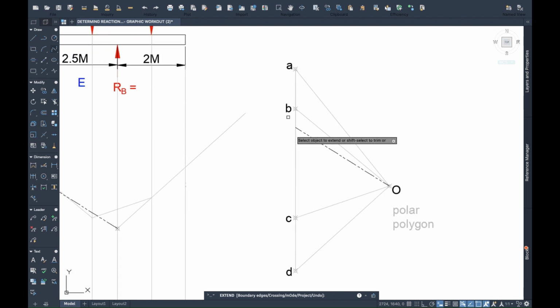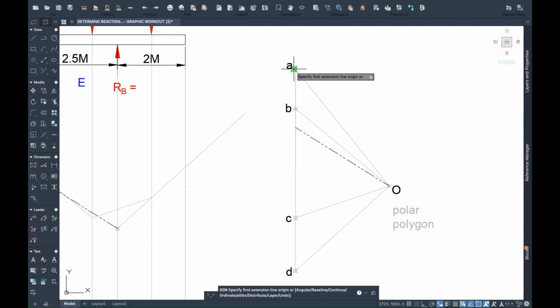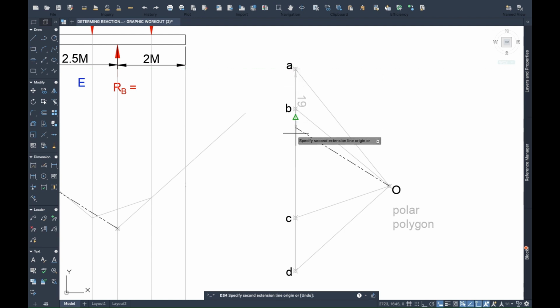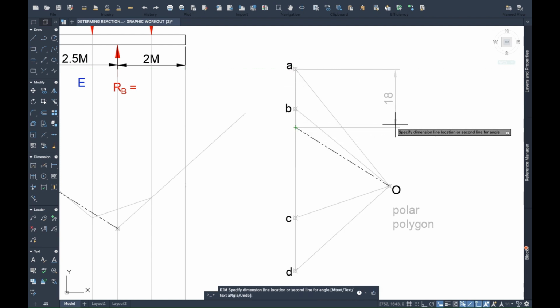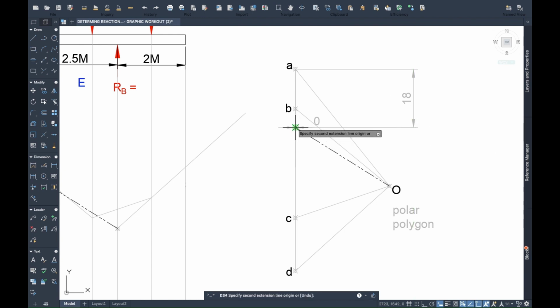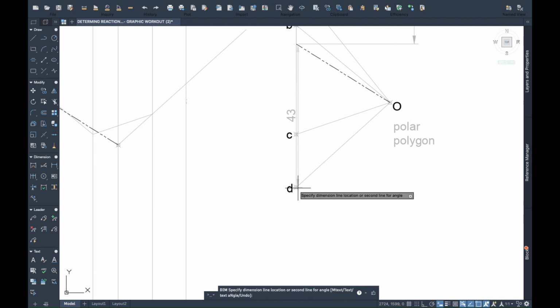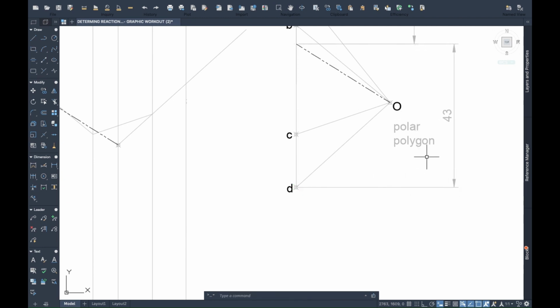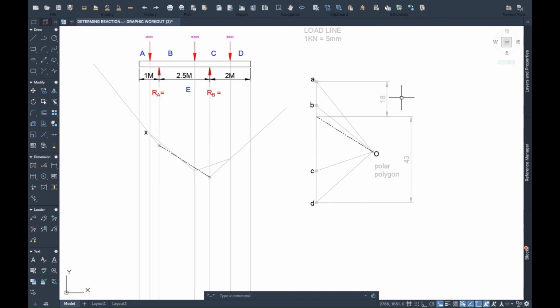Now we are going to measure the length, the magnitude, of RA. So this would be RA, and from here to D would be our RB.